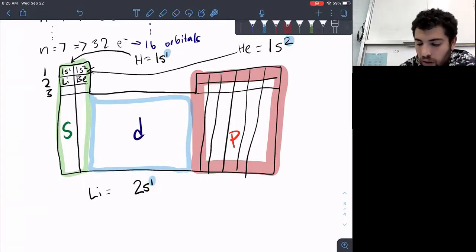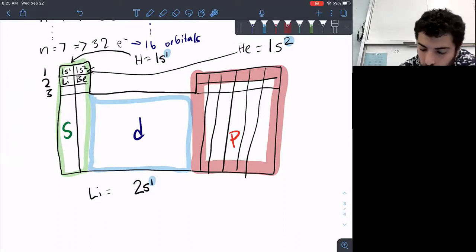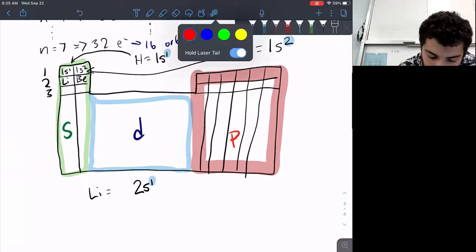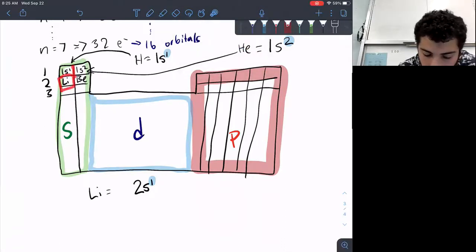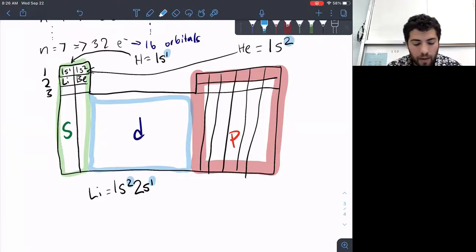The way this works with electron configuration is that you actually write everything that came before. Before lithium right here, we have helium, because we read backwards, so helium is going to come first. So we have 1s2, 2s1, and that is lithium's electron configuration. This directly means that the lithium atom has the first energy level all the way at the bottom with 2 electrons in it.